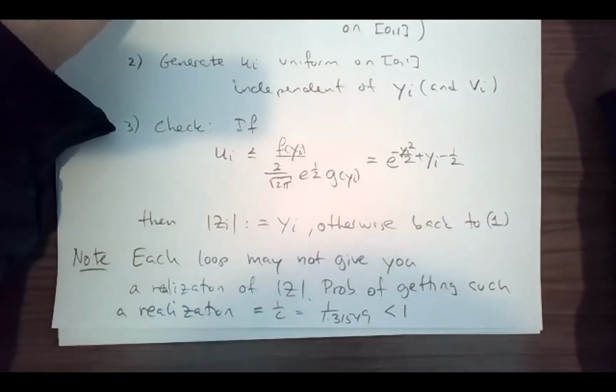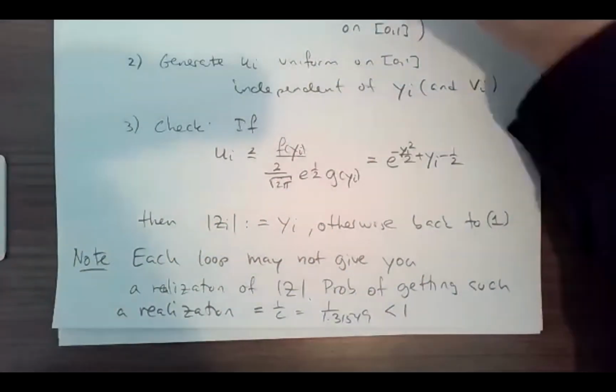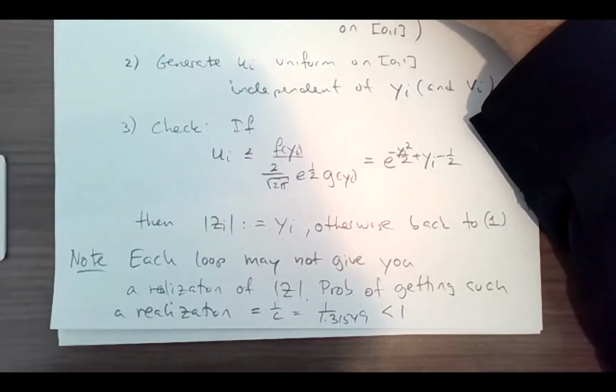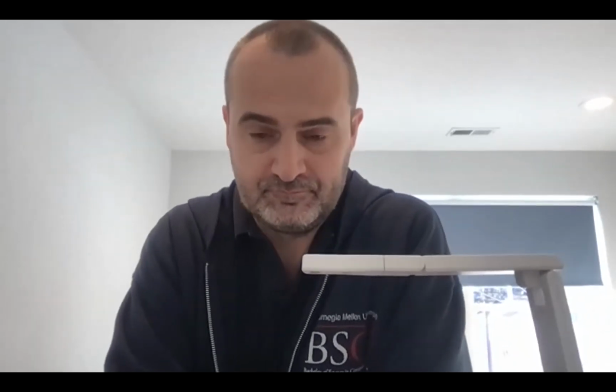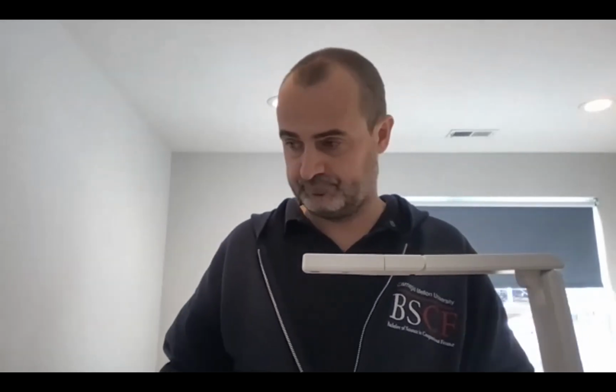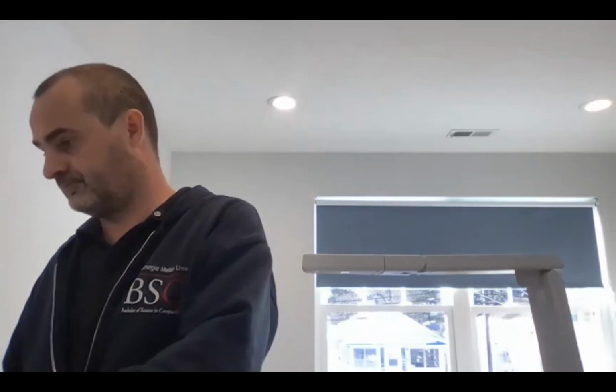Are there any questions or comments on the acceptance rejection algorithm of von Neumann? Any questions?